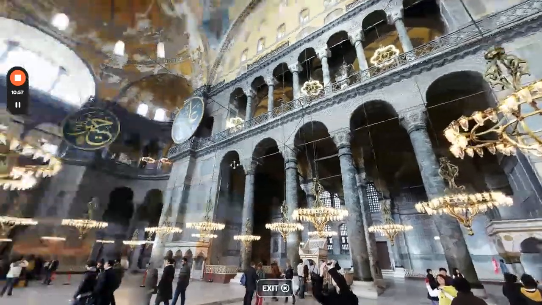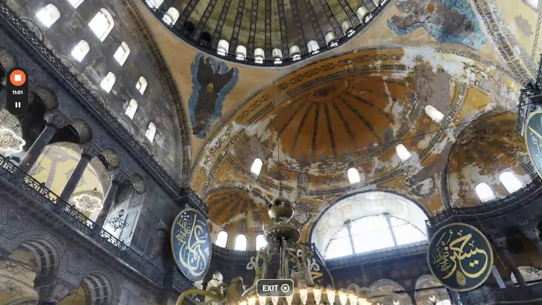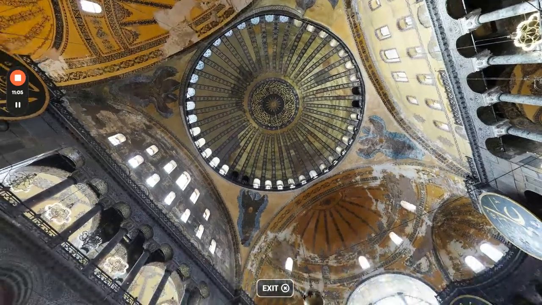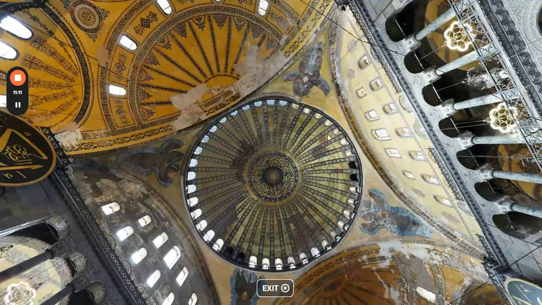Much larger than the interior of the Pantheon, and you can see it employs many, many more windows. This is right underneath the central dome, and these, 1, 2, 3, 4, are the pendentives. Yeah, so these are the pendentives.